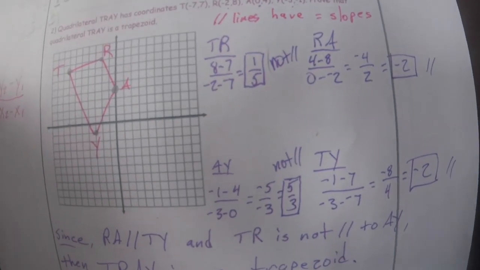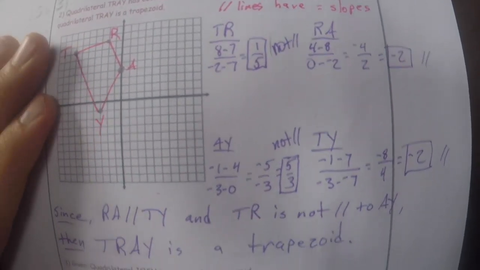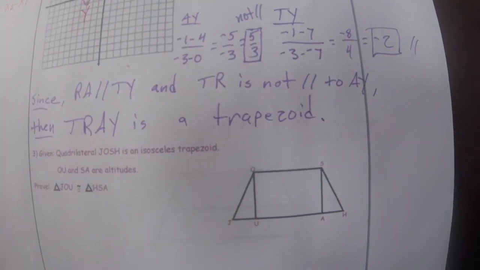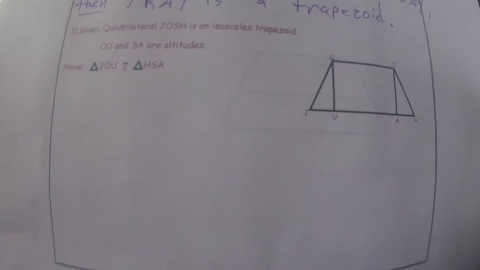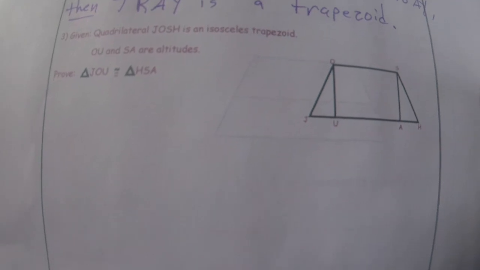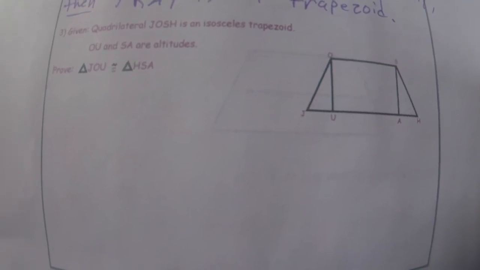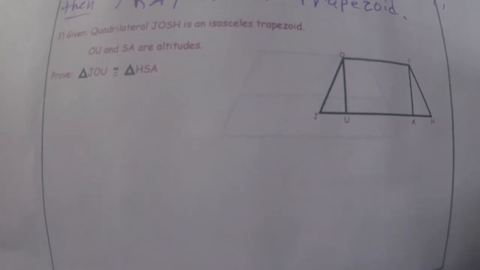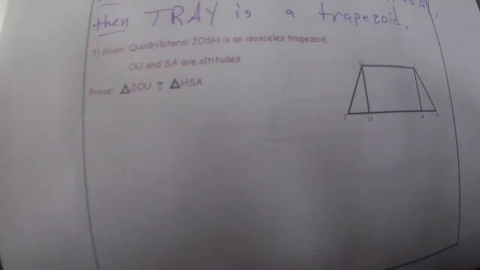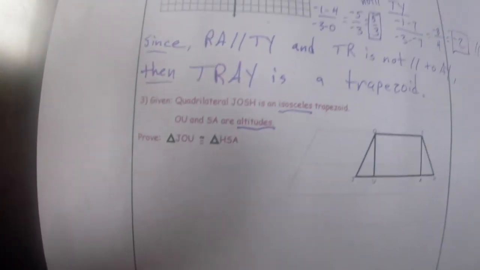All right, last one. All right, given quadrilateral Josh is an isosceles trapezoid. And then my other piece of given information is OU and SA are altitudes. Remember this word? And remember this word, isosceles. Altitude and isosceles.